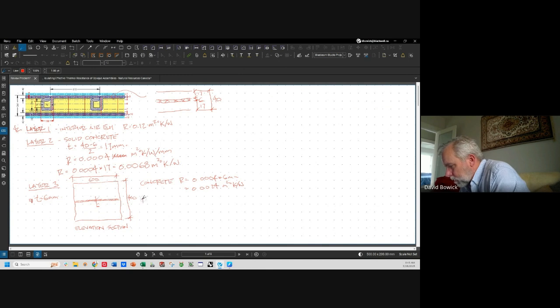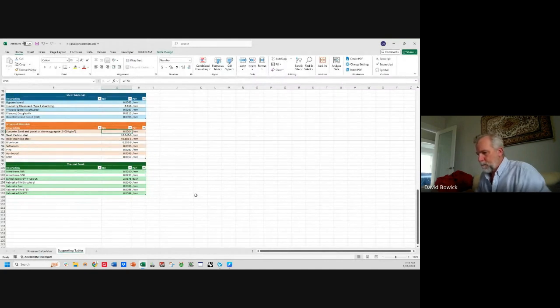The rebar, stainless. R equals, now we're going to flip over to our spreadsheet again.